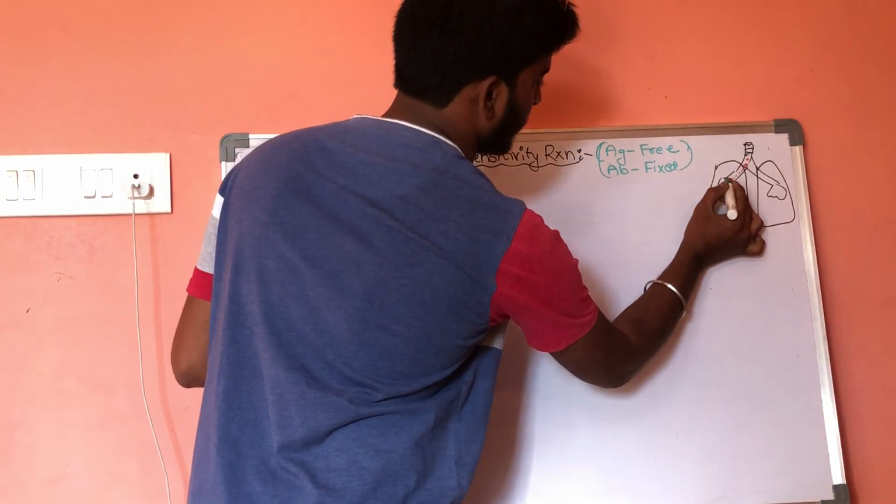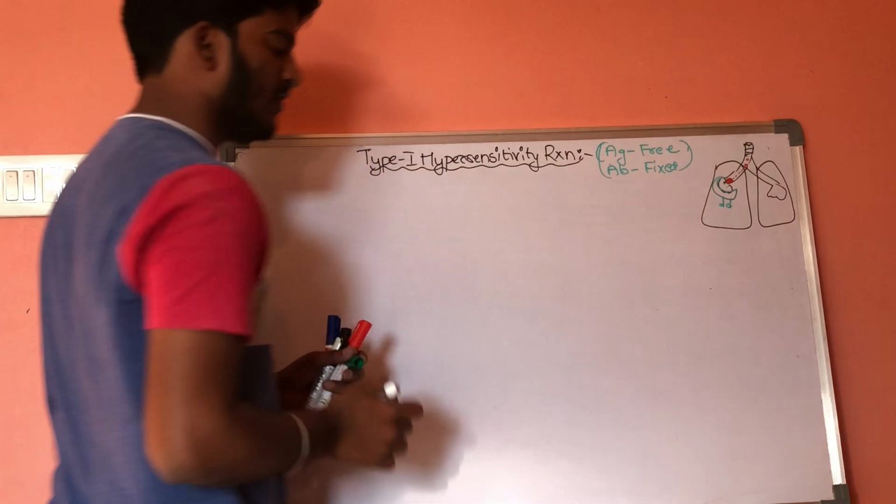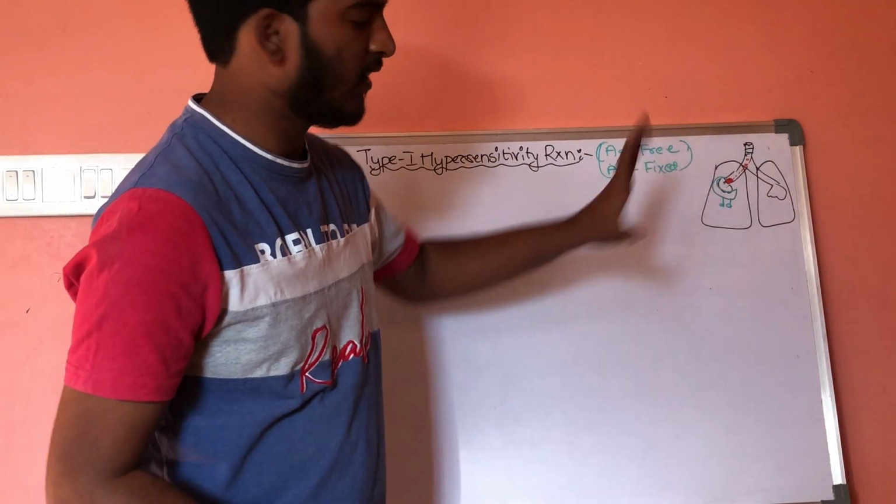The macrophages should eat it and phagocytose it. This is a normal phenomenon which takes place in our body through the inflammation process.